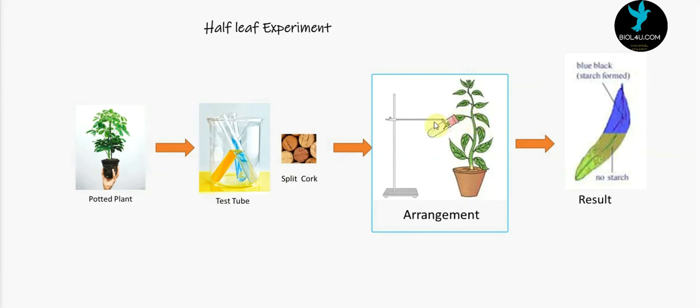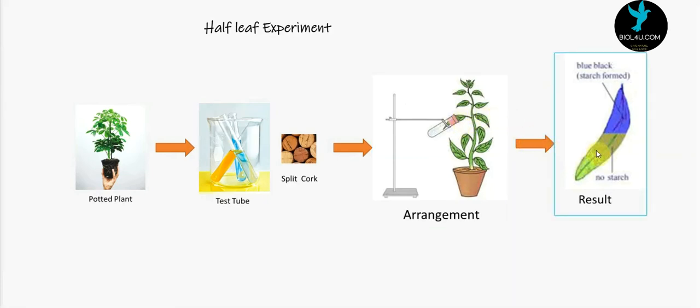This experimental setup is kept in sunlight for a few hours, and after that we remove the leaf and put it in the iodine solution. You can see that in the part of the leaf inside the test tube there was no photosynthesis.